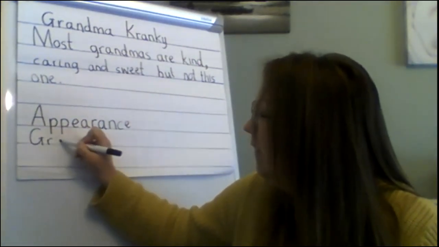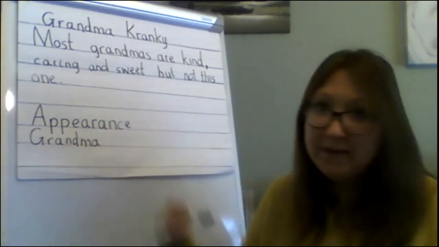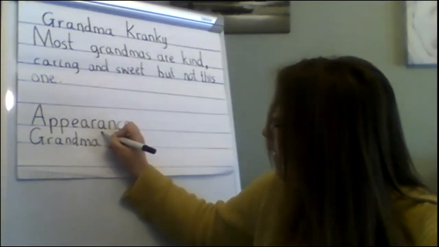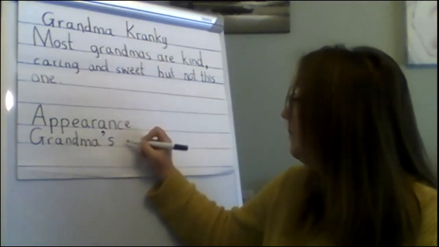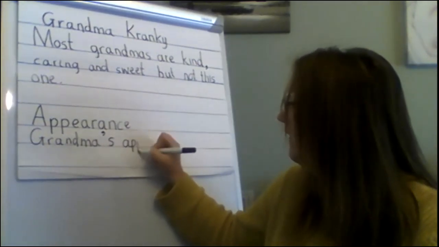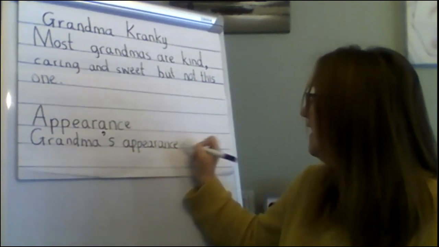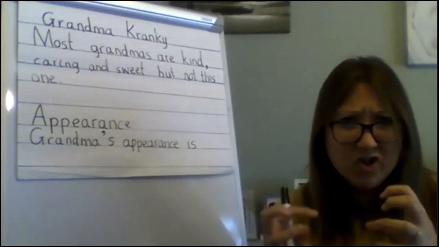Grandma. Now, I know you're telling me this, it's her appearance, so we need that possessive apostrophe. It's like a flying comma in the air, isn't it? Grandma's, and I can copy appearance from there, that's a long word, isn't it? Grandma's appearance is not, hold on, I can contract those.